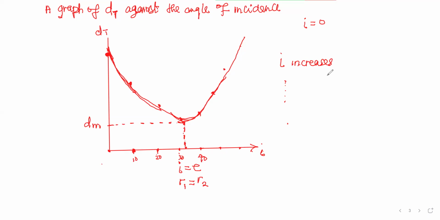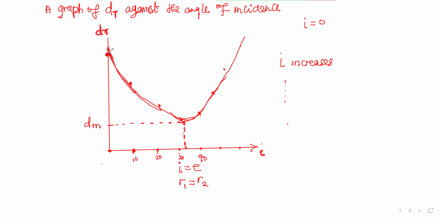Can you label the total deviation side so that I can get the practical example of what you're saying? This is a graph where the vertical is the total deviation against the horizontal, the angle of incidence I. Okay, and I start increasing the angle of incidence from 0.